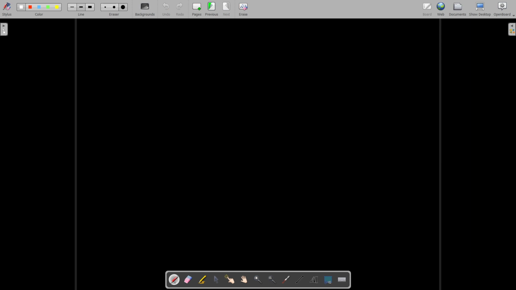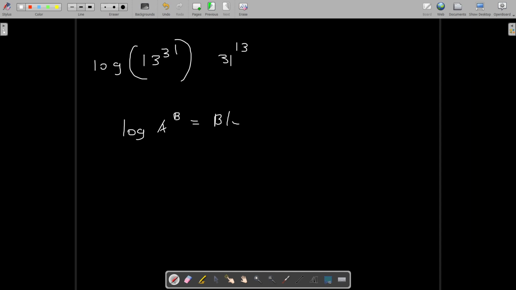Which was greater, 13 raised to 31 or 31 raised to 13? You just find log of both sides. Log 13 raised to 31 or log 31 raised to 13, which is greater? Now you should know that log a raised to b is equal to b log a. So log 13 raised to 31 can be written as 31 log 13.